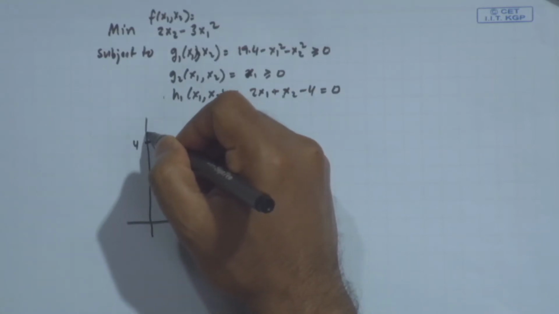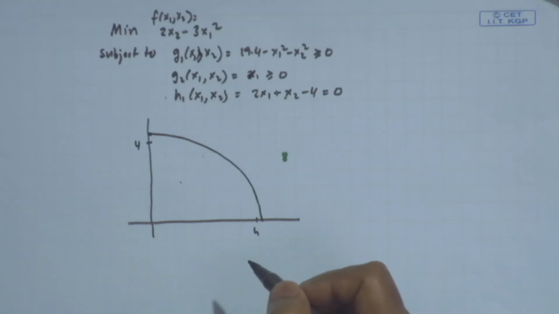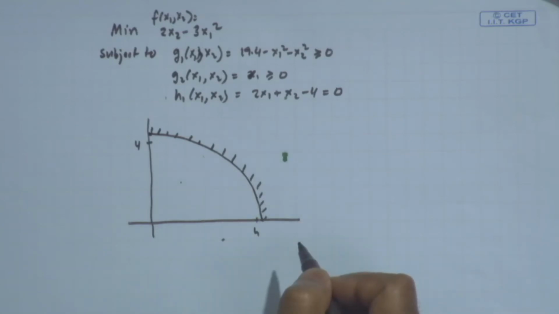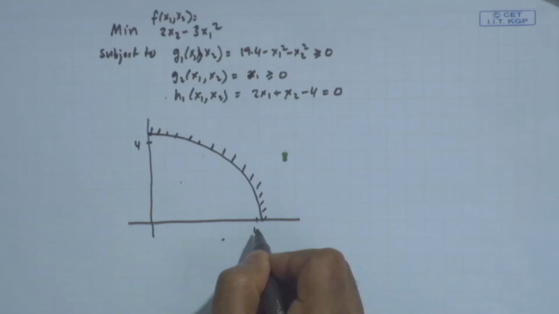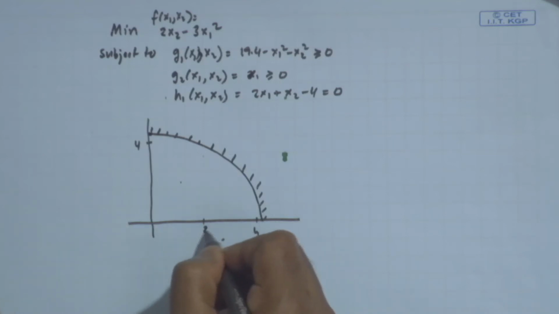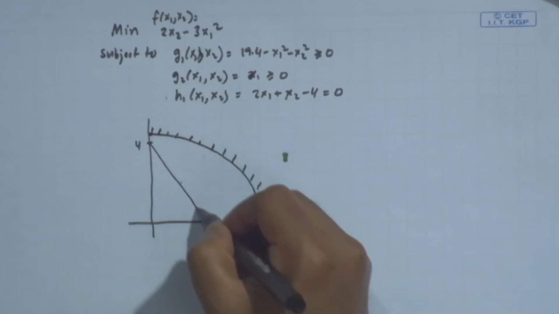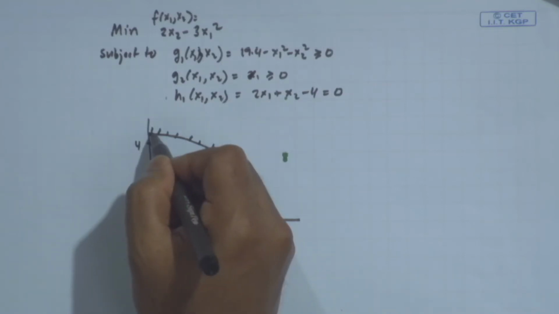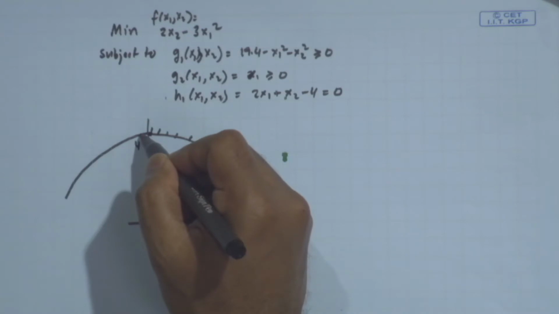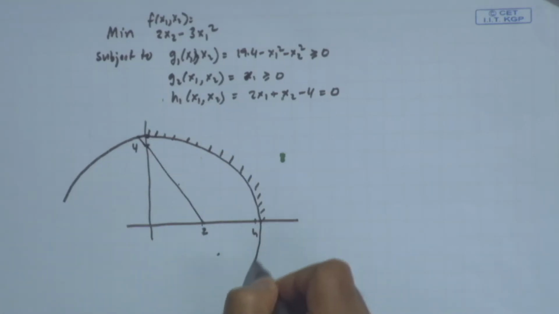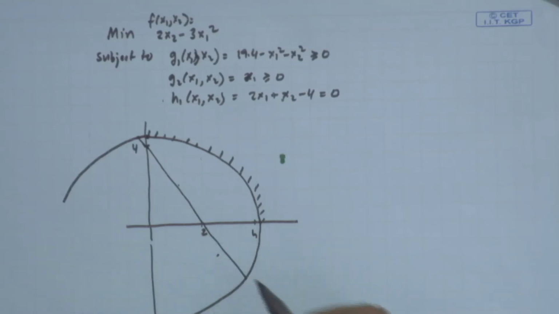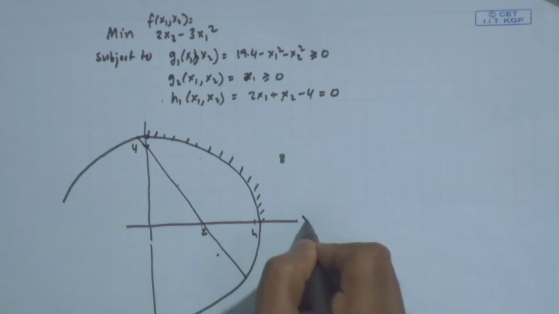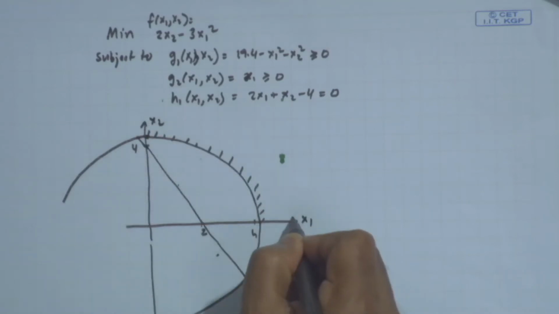Reduce to this. x1 is 0, then minus u2 minus 2 minus 0. Minus 0. So it is greater than 0.